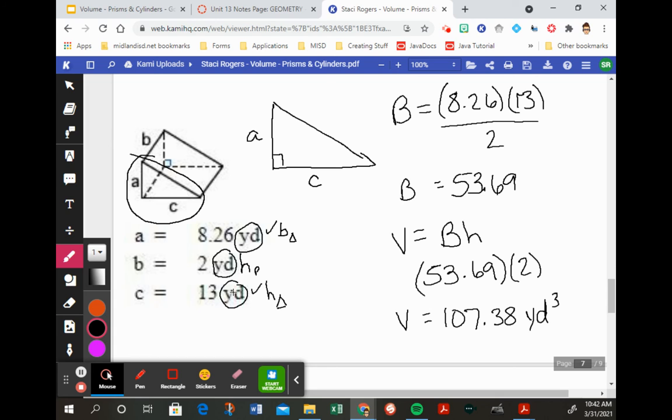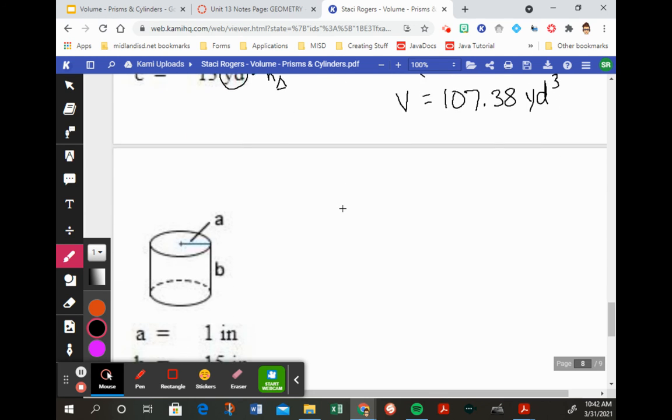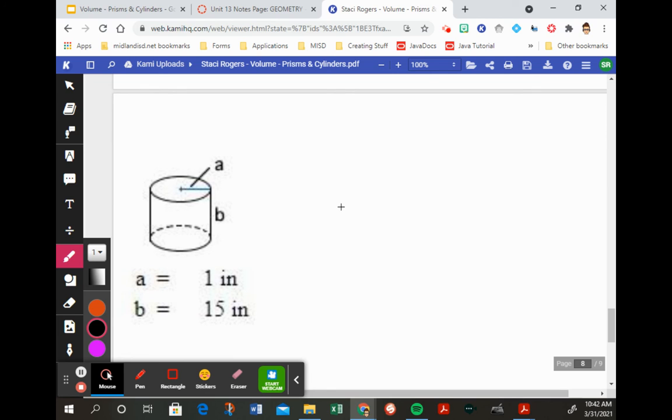So that's the triangular prisms. Let's talk about cylinders. Cylinders are next. On cylinders, we have circles to deal with. So the area of the base is pi r squared. And then the height of the cylinder is how tall the cylinder is when you stand it up on its base.